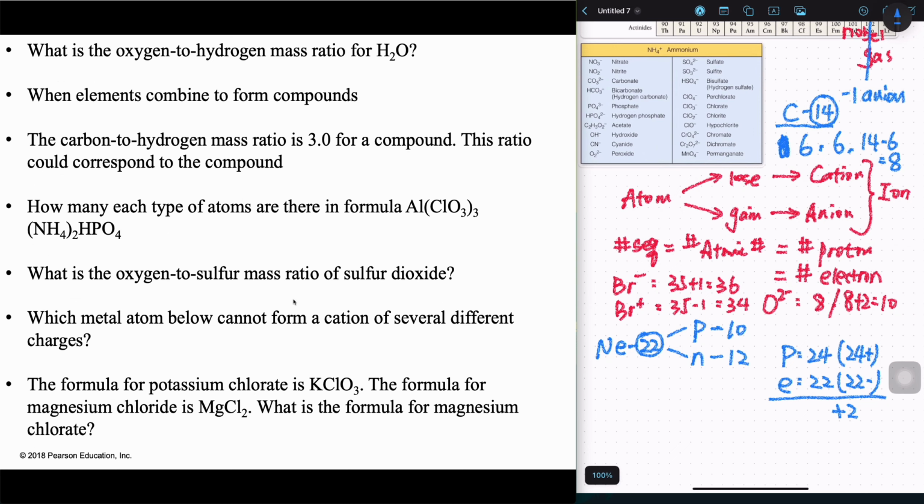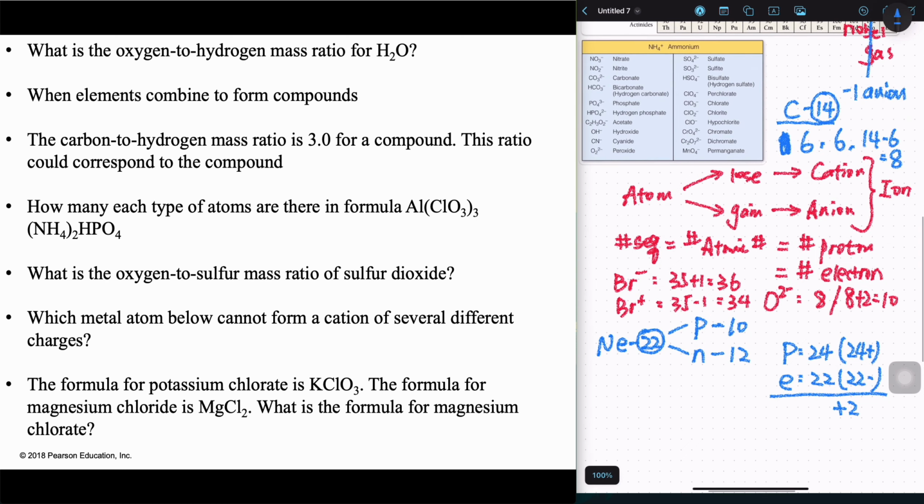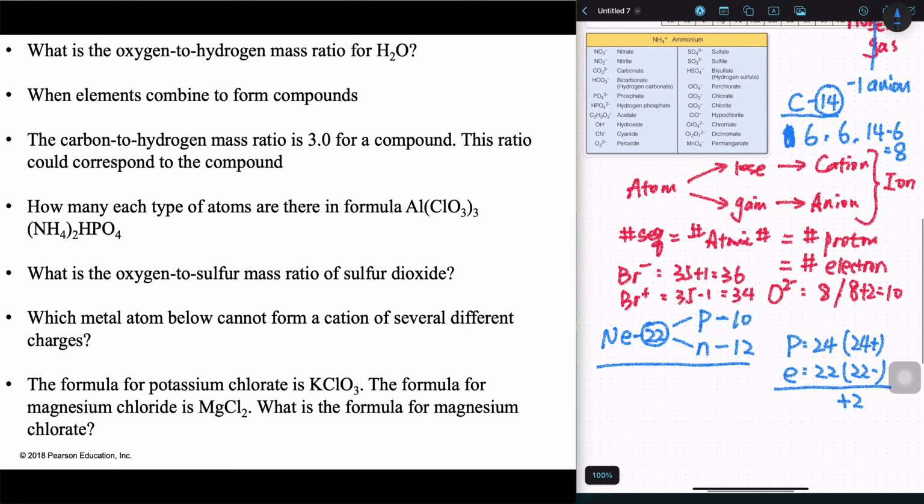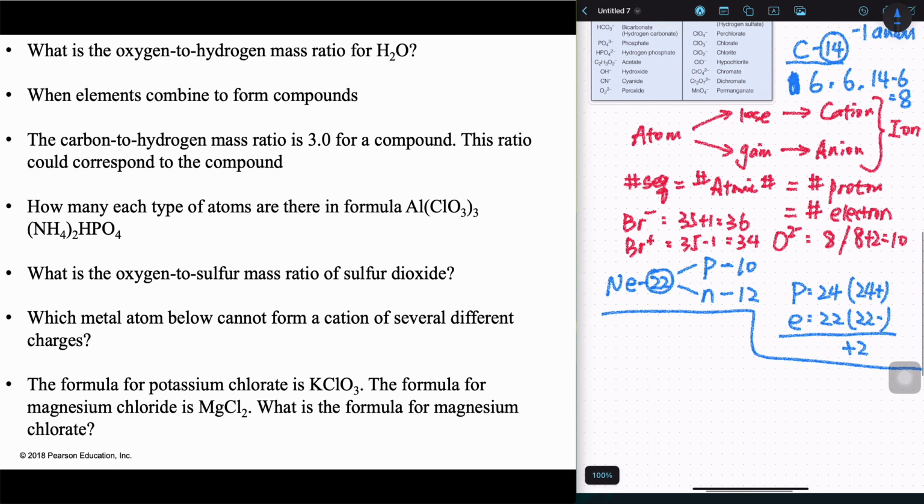Next question. What is the oxygen to hydrogen mass ratio for H2O? For H2O, we know within one H2O molecule there will be 2 hydrogen and 1 oxygen. How do we find the mass of the hydrogen?